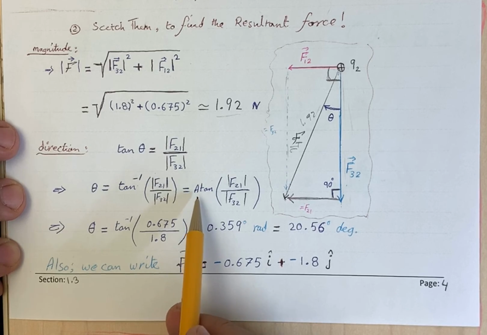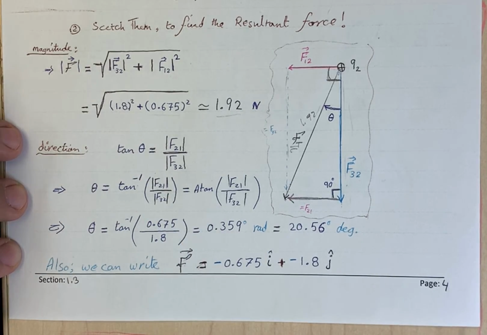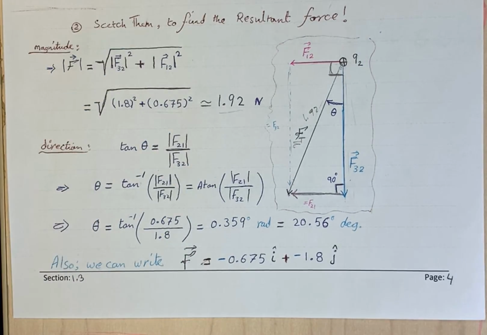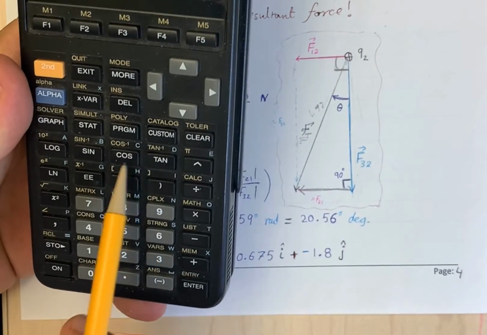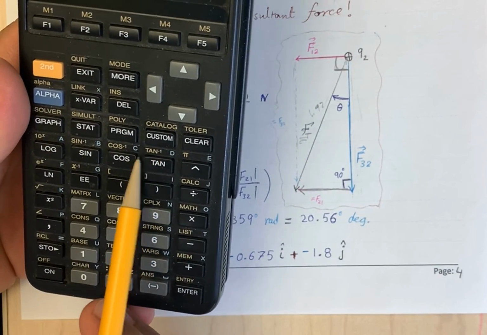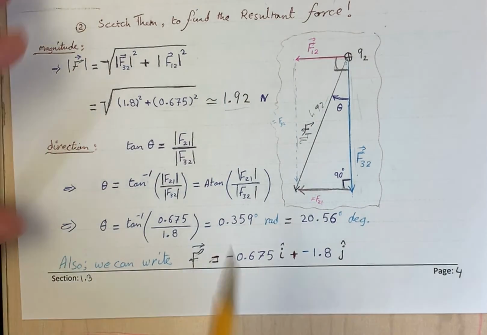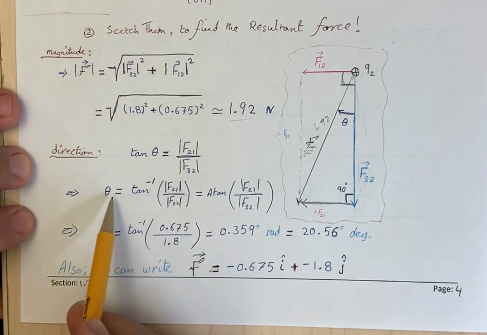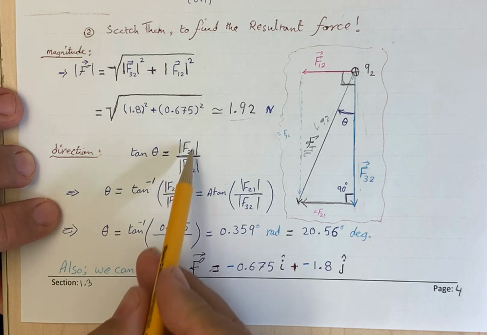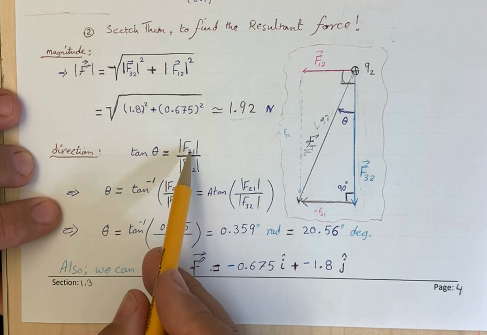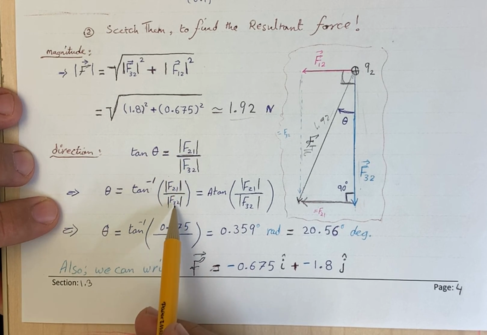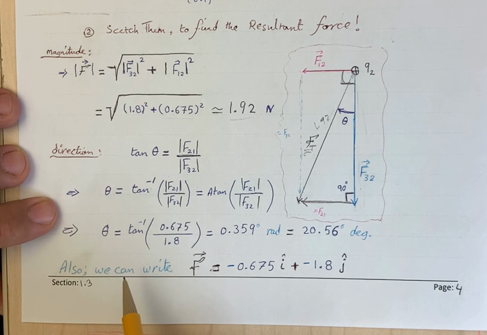On the calculator you can see it as atan. Some calculators show tan inverse, or it's atan if you use your PC. So theta is tan inverse of the same magnitudes, F21 over F32.